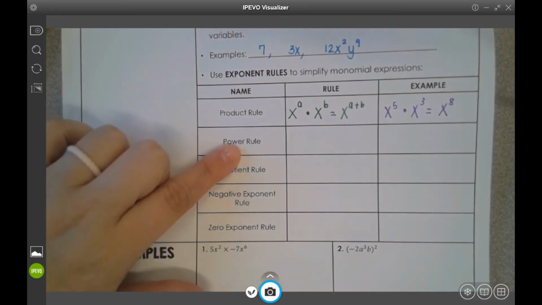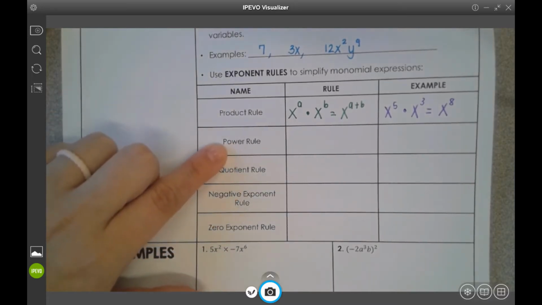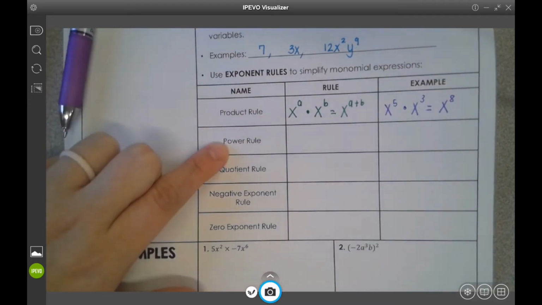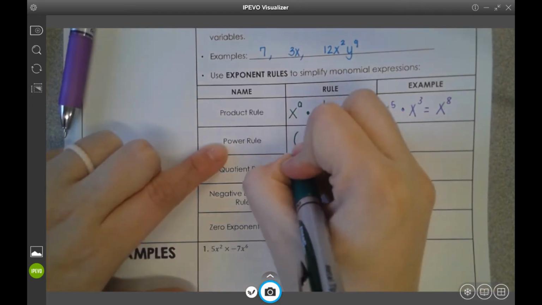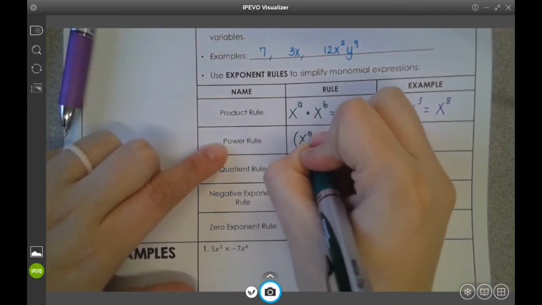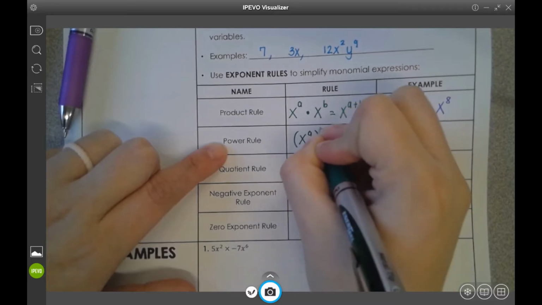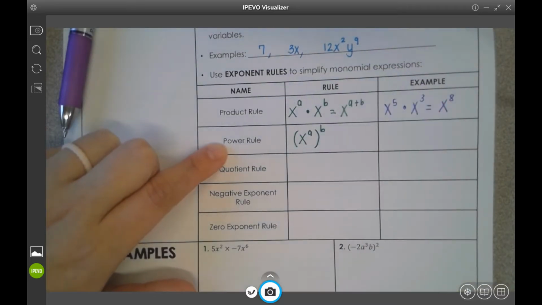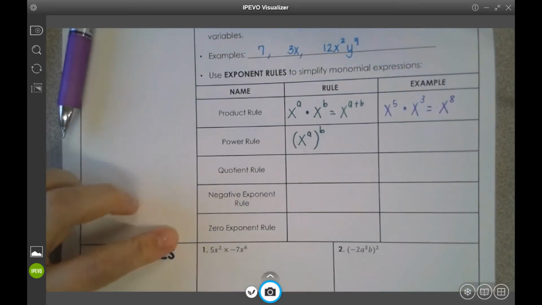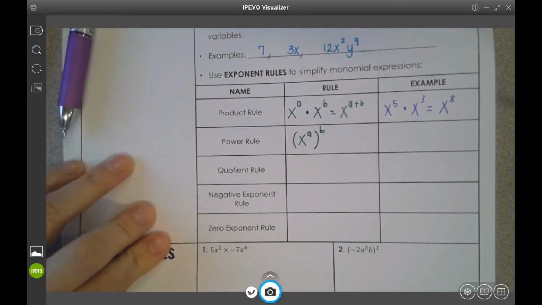Okay. Now next is the power rule. So raising an x to another power. So if I have x to the a raised to the b, basically we have an exponent inside of an exponent.